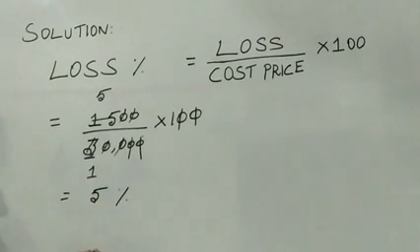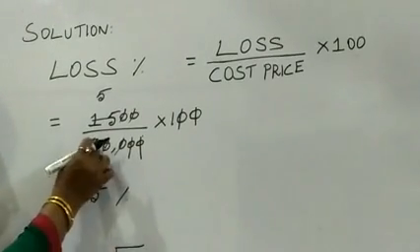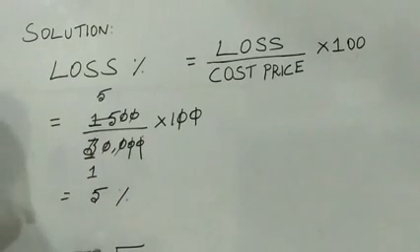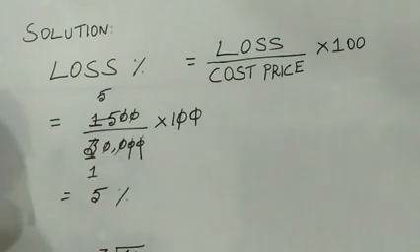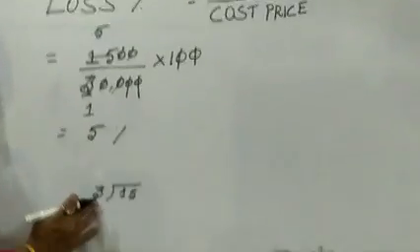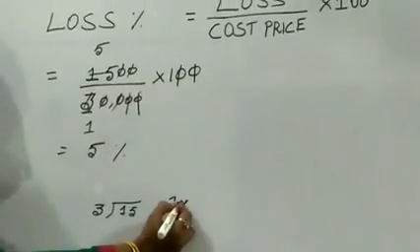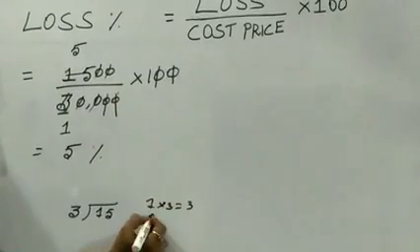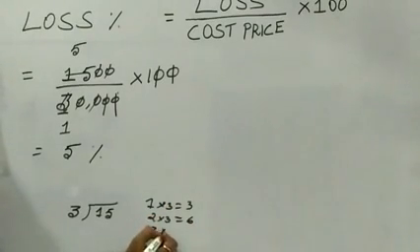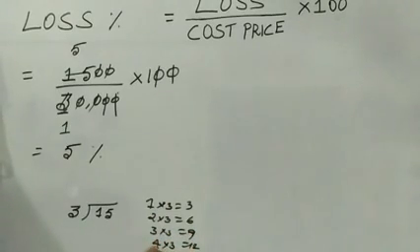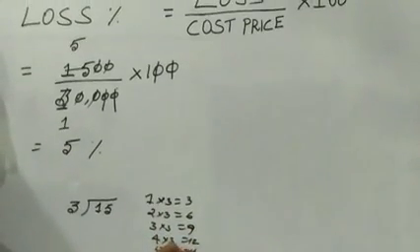In the other method you follow, you just have to write the denominator outside and the numerator inside. Now you tell the 3 table, children. 1 3 is 3, 2 3s are 6, 3 3s are 9, 4 3s are 12 and 5 3s are 15.